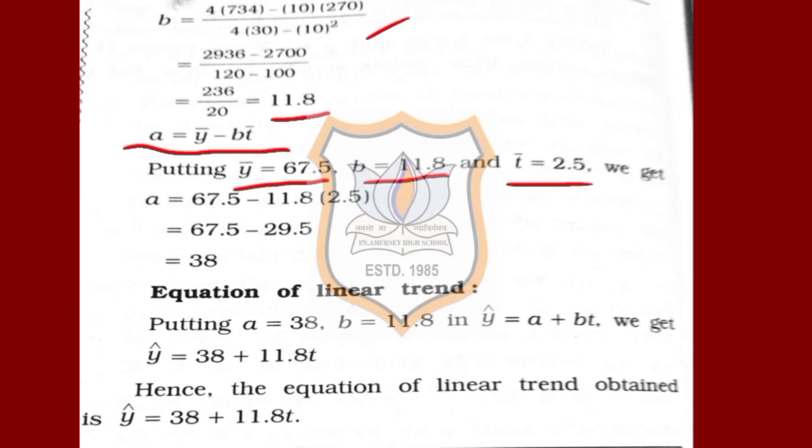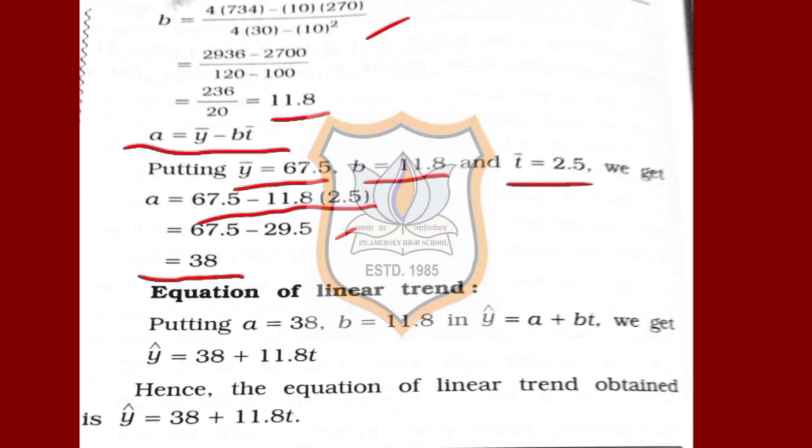Now substitute. So you will have a is equal to 67.5 minus 11.8 into 2.5. So this will give 67.5 minus 29.5. When we subtract, we will get a is equal to 38.